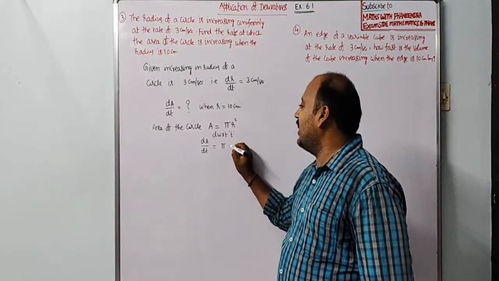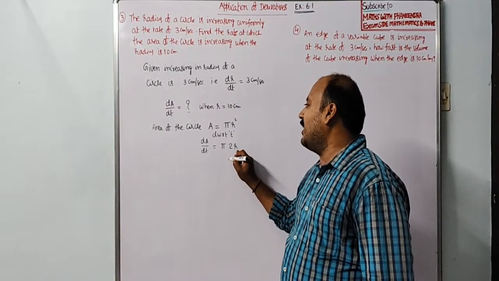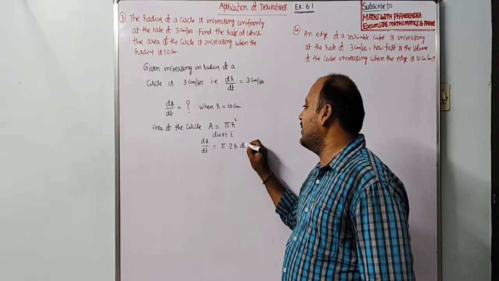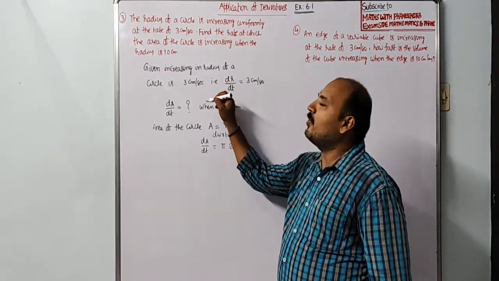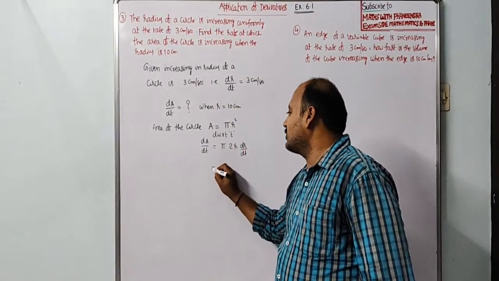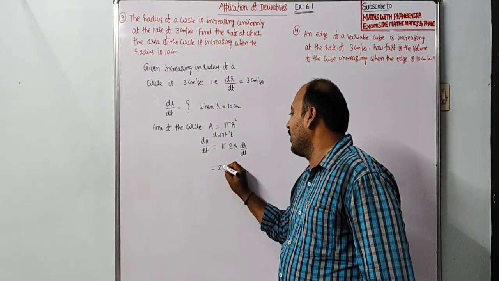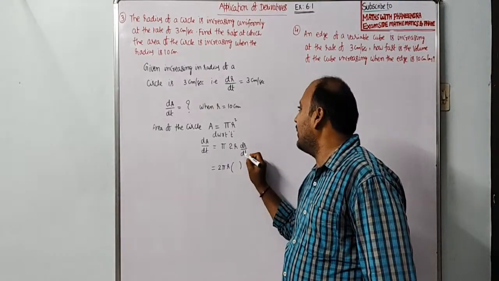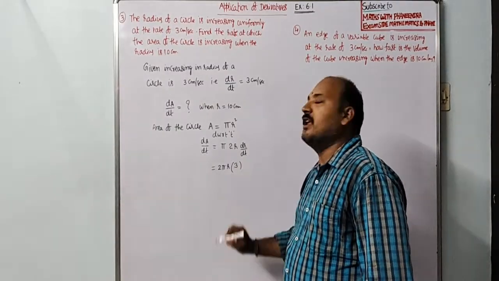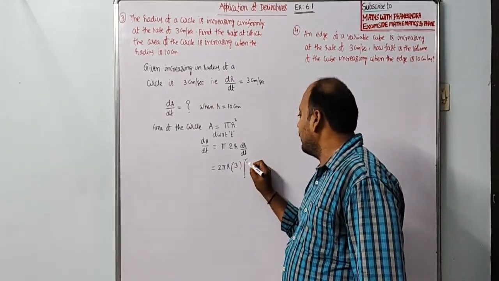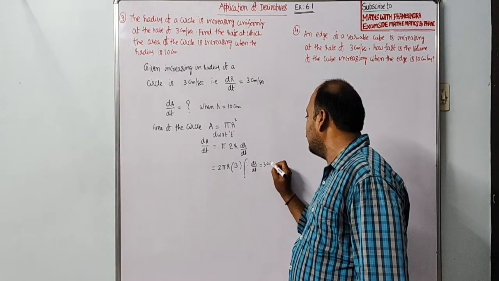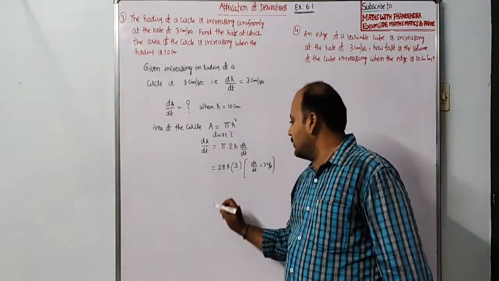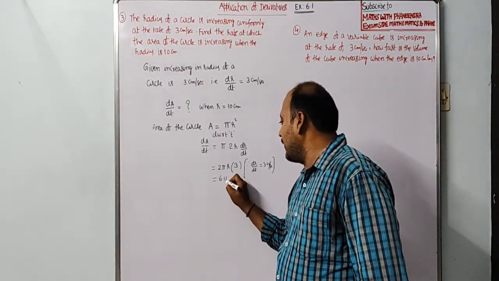So r square derivative is 2r, and r derivative with respect to t is dr by dt. You know the value of dr by dt, so substitute: 2 pi into r, and in place of dr by dt, you replace with 3, since dr by dt is given as 3 centimeter per second. So it will be 6 pi r.